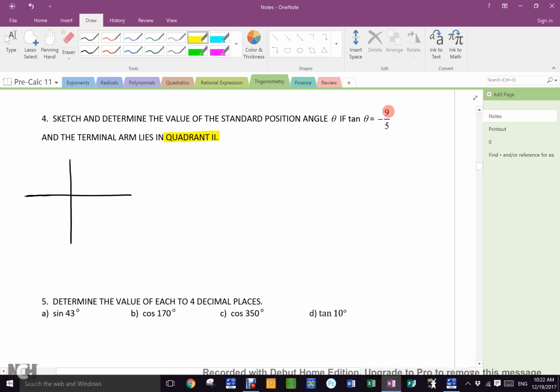Quadrant 2. And that. I'll let you work for a moment.